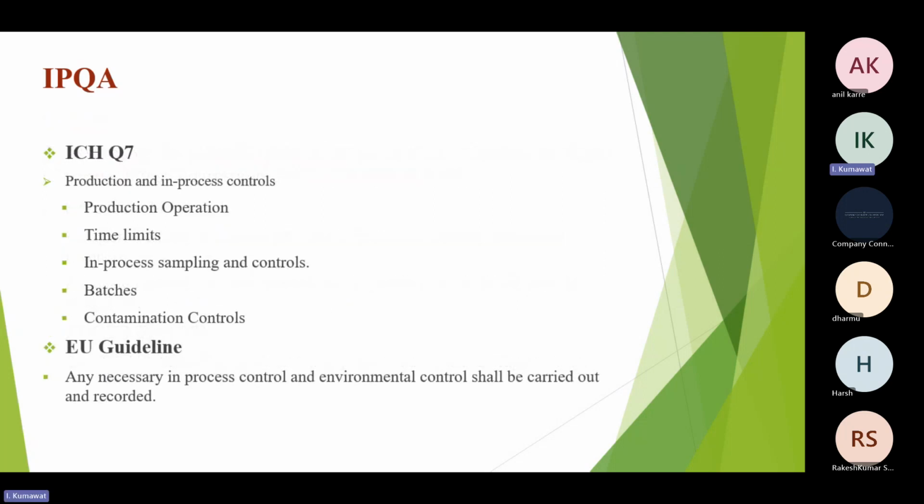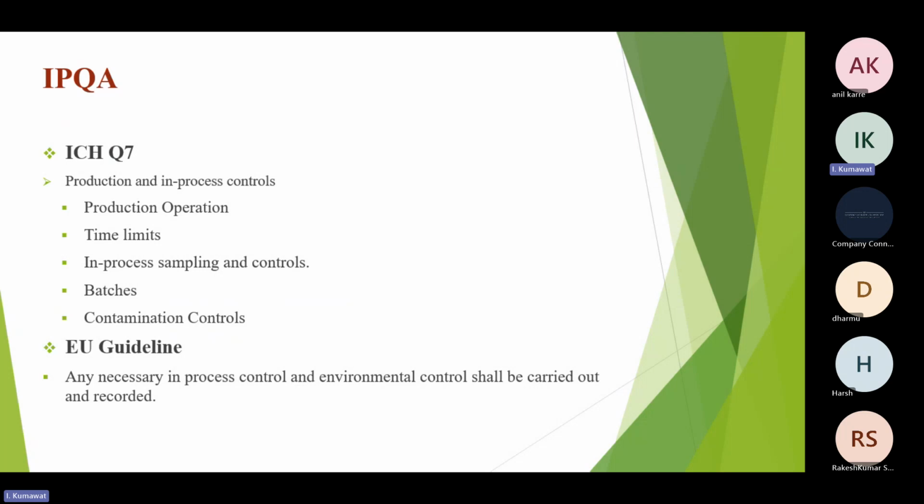Then ICH Q7. One thing I would like to tell you is that this is the brief introduction, and in depth we will discuss it during further course of sessions. ICH Q7 covers production and in-process control: the production operation, time limits, in-process sampling controls, batches, and contamination control. European guidelines say any necessary in-process control and environmental control shall be carried out and recorded.